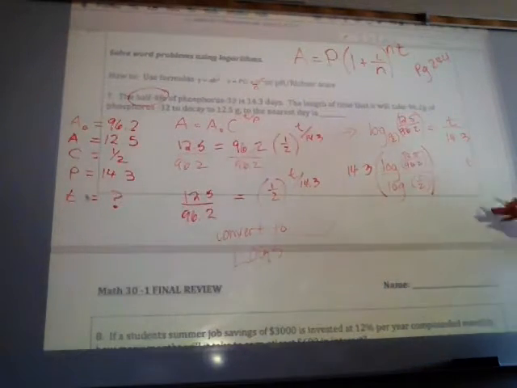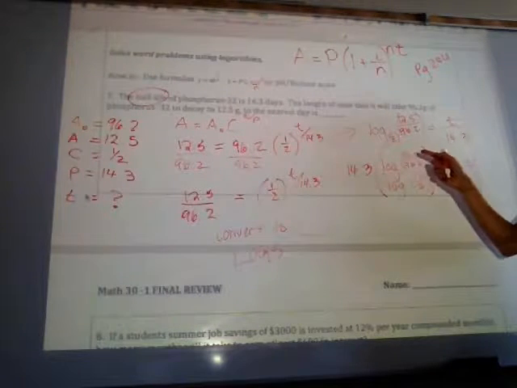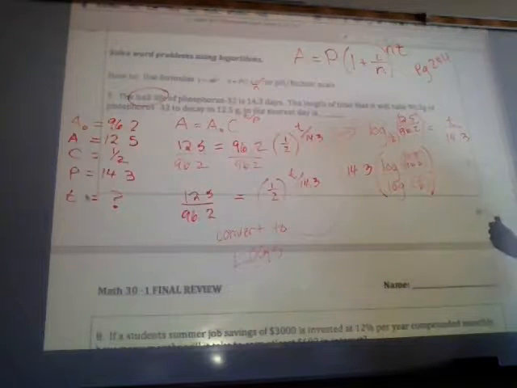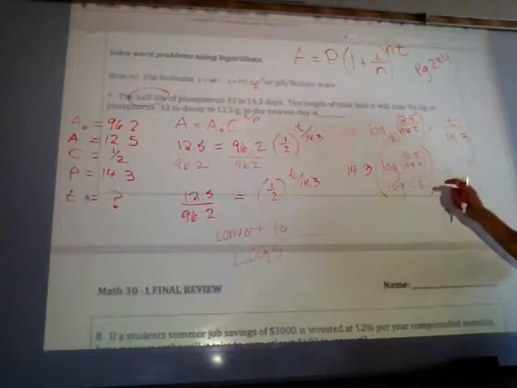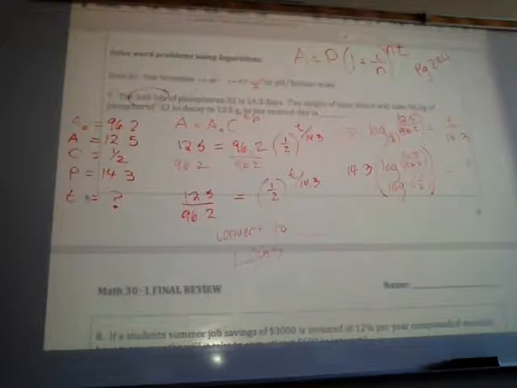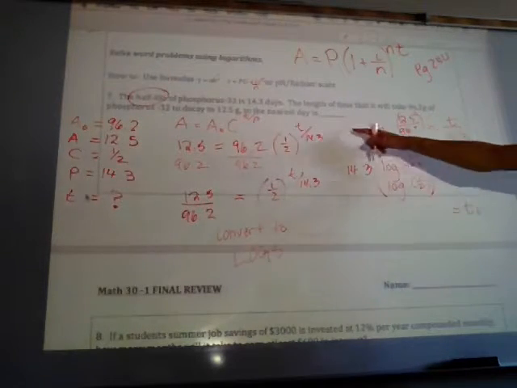Now t is equal to 14.3 times log, in brackets, 12.5 over 96.2, close the bracket, divided by log 1/2. Why don't you all practice calculating that, and I will give you the answer. It's 42.1. So we would just say 42 days, because they're asking to the nearest day.